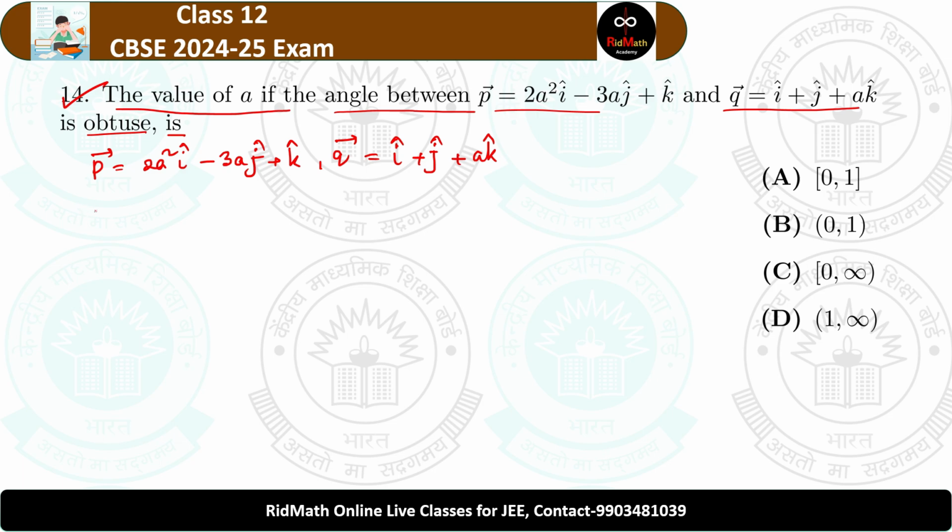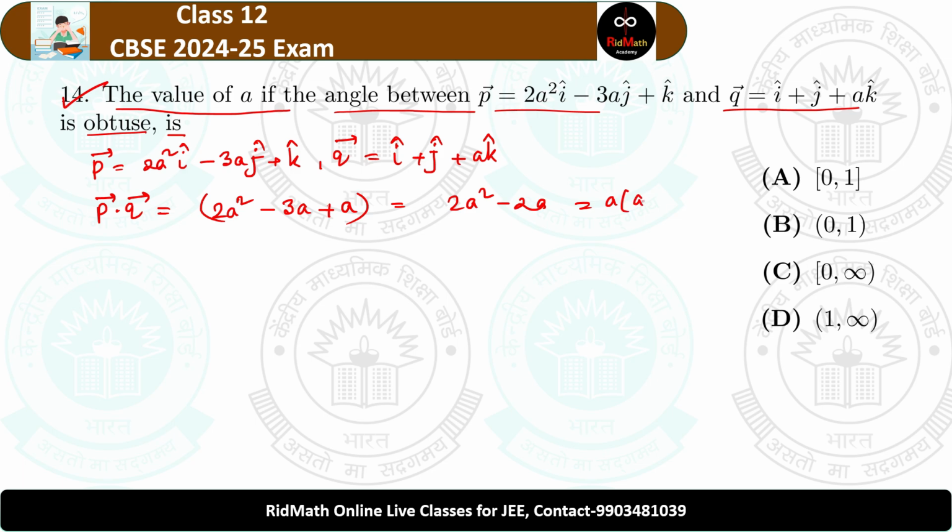So what is P dot Q? This is equal to 2A square minus 3A plus A, so this is equal to 2A square minus 2A.